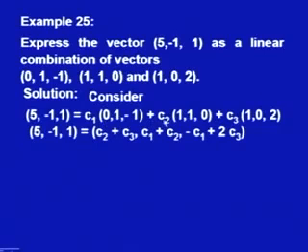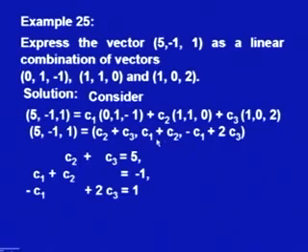It is, the first component is C2 plus C3, the second component is C1 plus C2, no component is coming from this, then we will have minus 1 times C1, so it is minus C1 plus 2 times C3, no component is coming from the second vector.